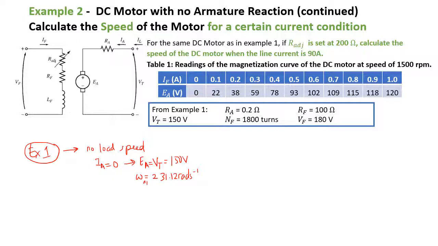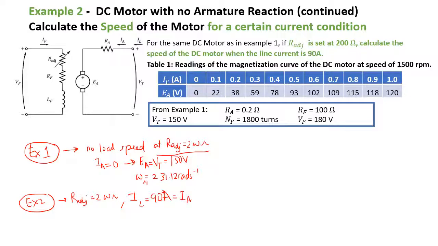This was no load speed at R adjustable equal to 200 ohms. In example 2, we had the same R adjustable of 200 ohms, but the IL was 90 amperes, which is equal to IA, and we got a speed of 203.39 radians per second.